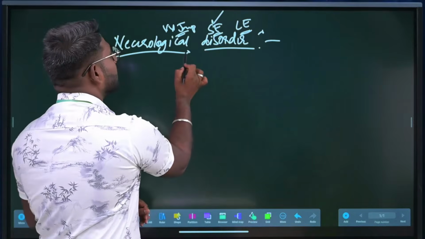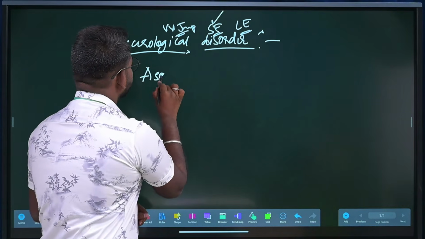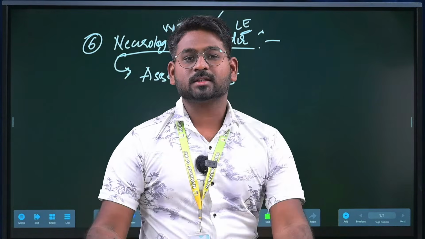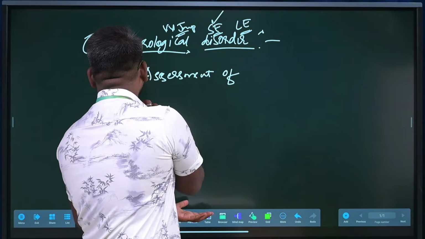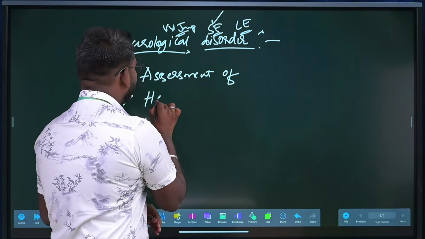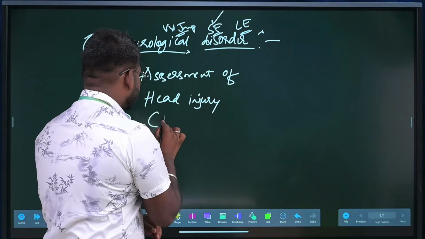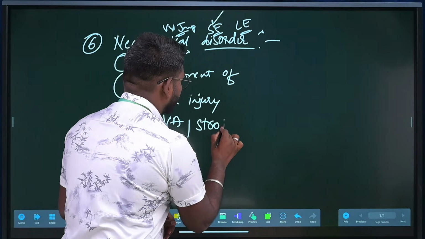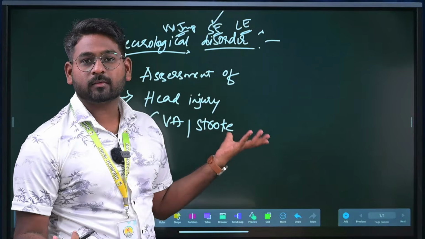In this neurological disorder unit, the main important topics are the assessment of the neurological status, and some other very important topics like head injury and CVA, that is cerebrovascular accident, or stroke, also called paralysis.